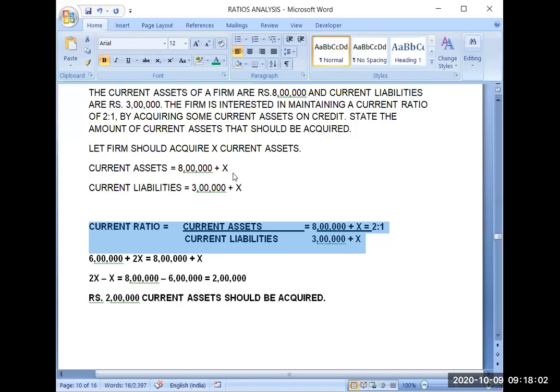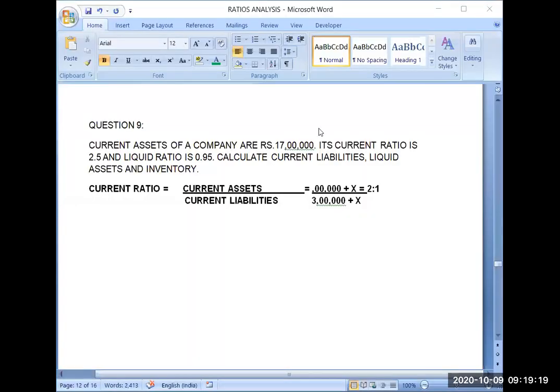So here first we will write the formula of current ratio, that is current assets upon current liabilities. And value of current assets is given in the question, 17 lakh.